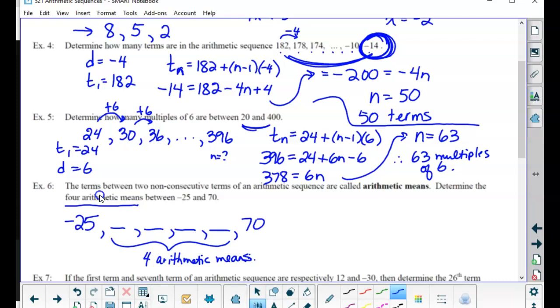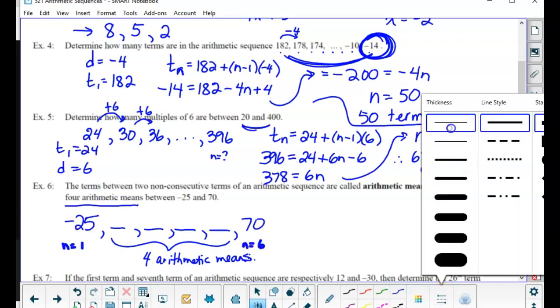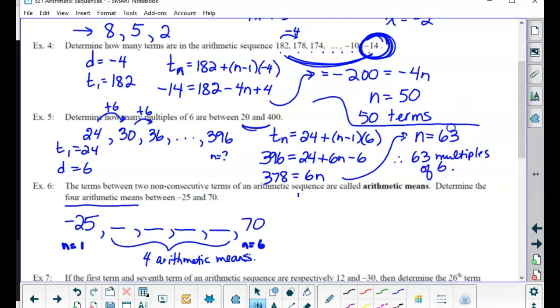In this case, really what we want to do is find the common difference, because then we can just add it, right? So this is n equals 1, 2, 3, 4, 5. This is n equals 6. So T6 is negative 25 plus 6 minus 1 times the common difference. We know what T6 is. It's 70. 6 minus 1 is 5.